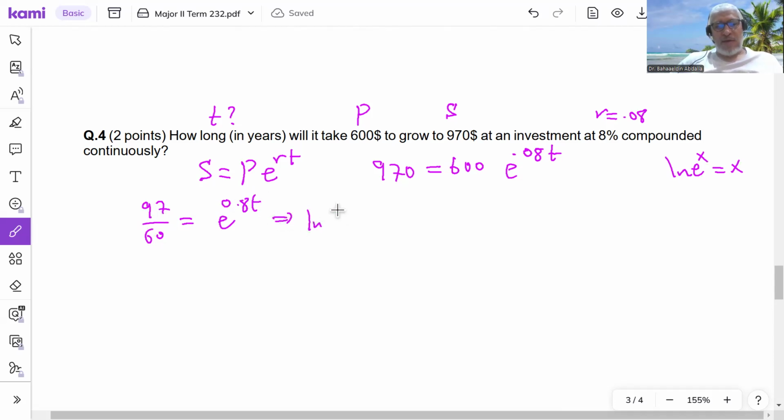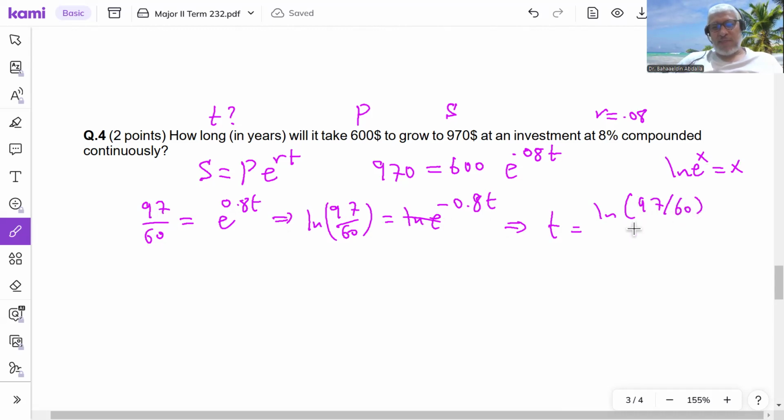Now apply ln to both sides. ln will cancel e, and I'll have ln 97/60 equals 0.08 T. So T would be ln 97/60 over 0.08.